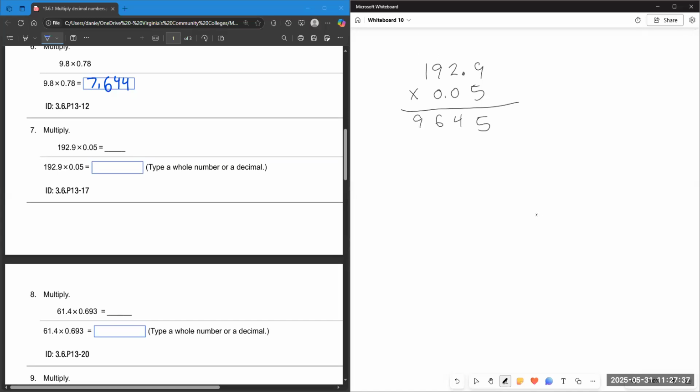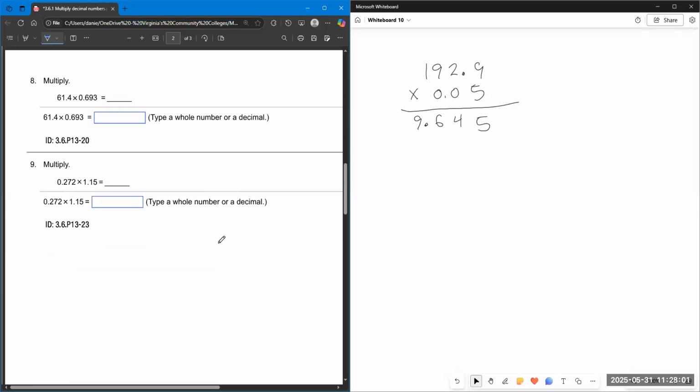Get rid of my carries, put a 0. Actually, those are all zeros, so now we need 3 places after the decimal. So that's 9 and 645 thousandths.